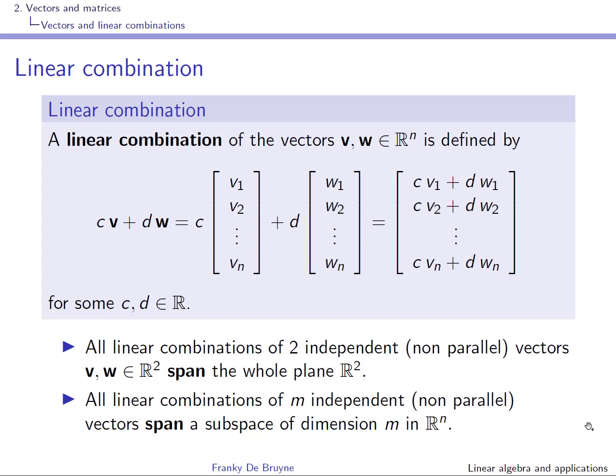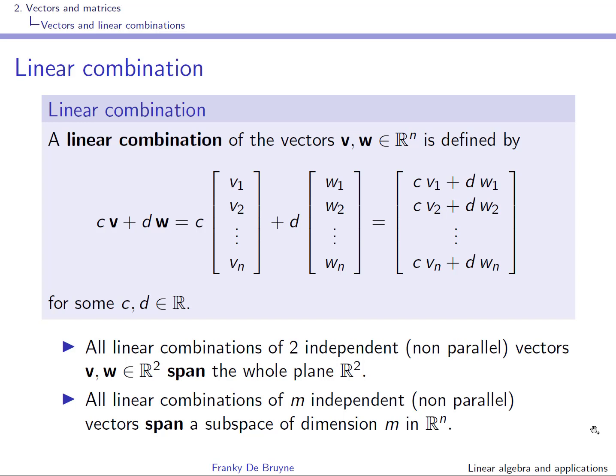And as I've said, this is called a linear combination of two vectors for some constants C and D, which are living in the set of reals, so they are real numbers.